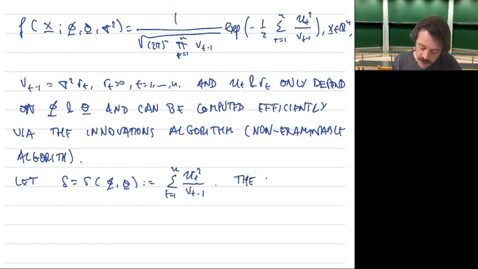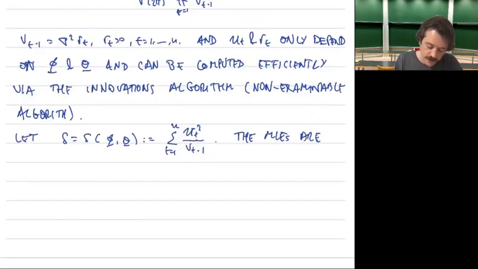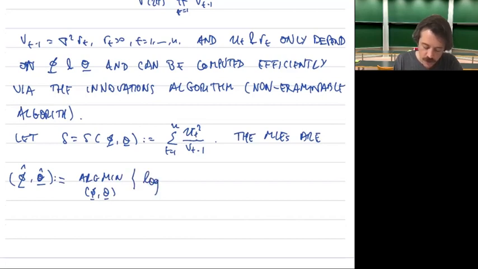Then the MLEs are given by the following. This and this are the minimizers, just to have consistency, of min over this and this of the log of S over n.